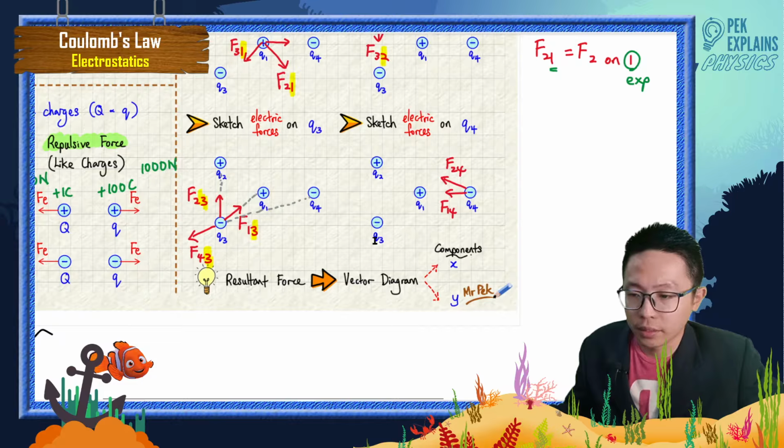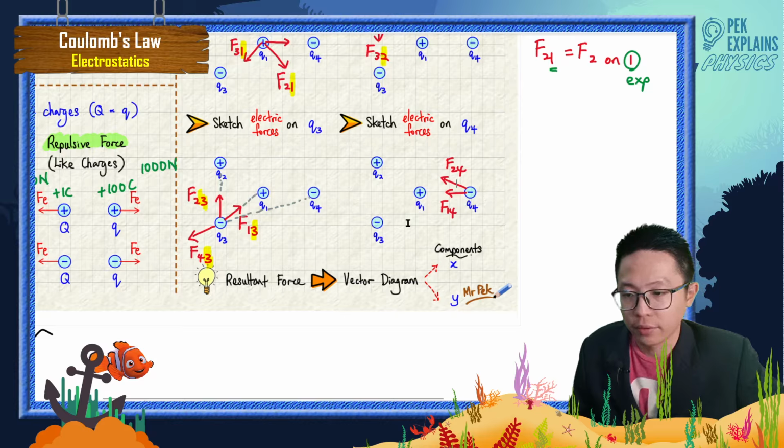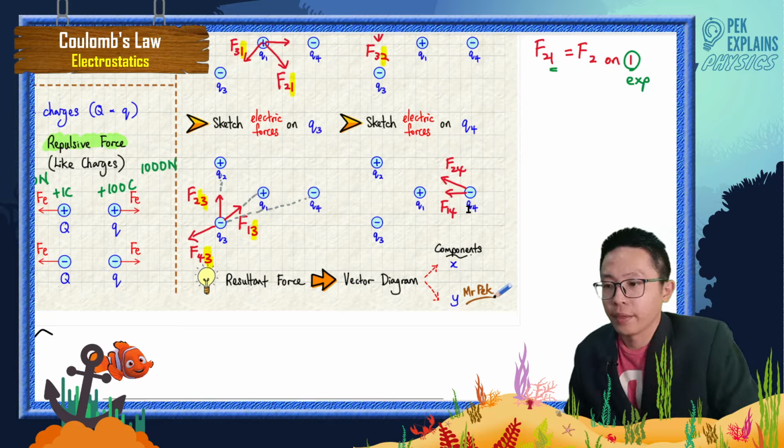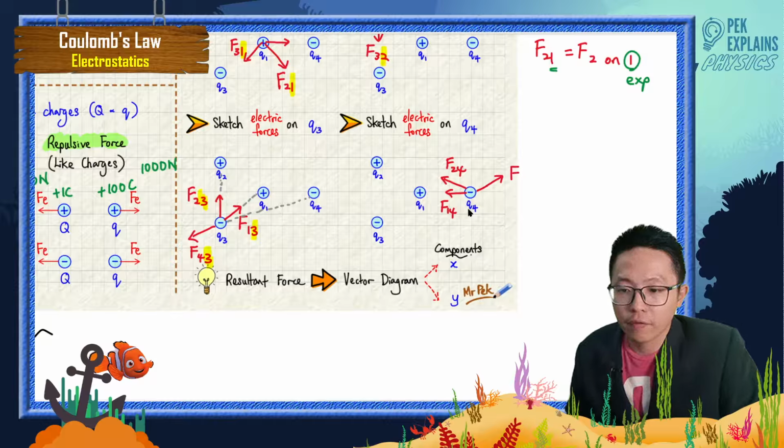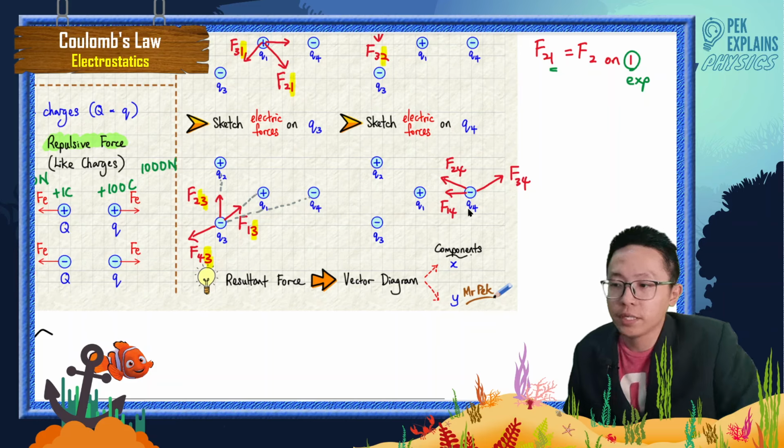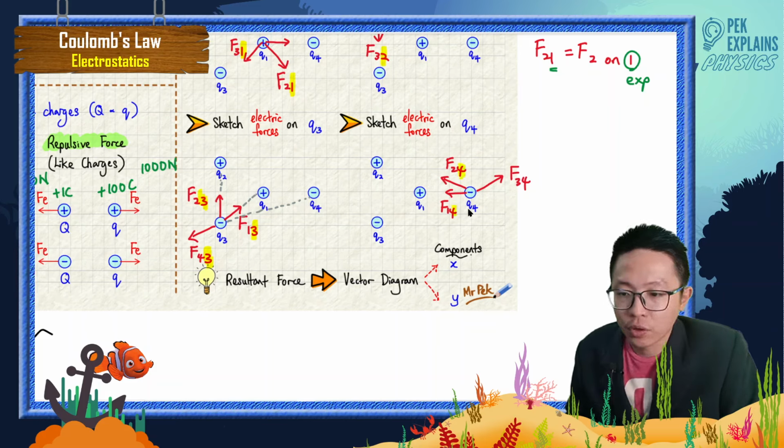Now, how about 3 and 4? 3 and 4 are the same sign, negative, negative. They repel away from each other. This is F34. Who experiences all these forces? Charge 4 experiences all these forces.